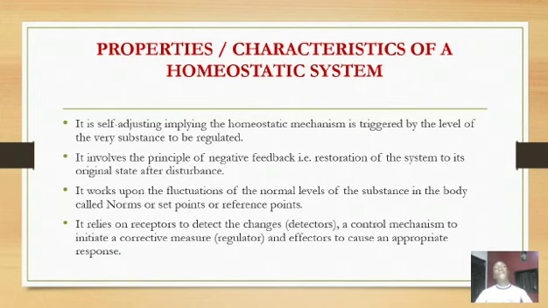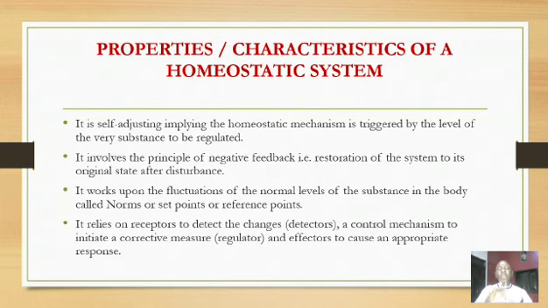Then, for the homeostatic system to work, remember, it cannot work without the components. Which components? We talked of the detector, the regulator or control center, and the effectors. Meaning, for the homeostatic system to function, it relies on the detector, the regulator or controller, and the effector.